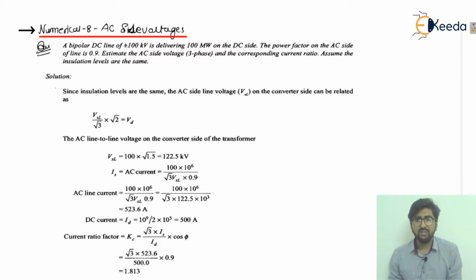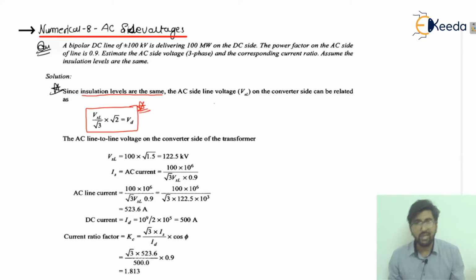Now this is important: since the insulation levels of the AC and the DC are going to be the same, on the converter side they can be related like this. This is only when the insulation levels are the same.